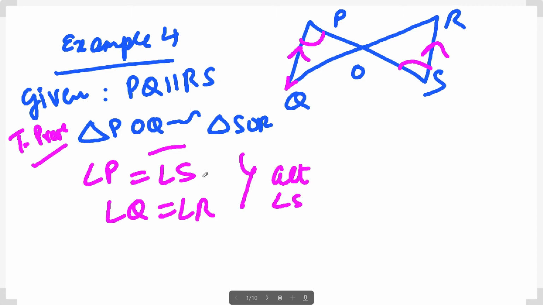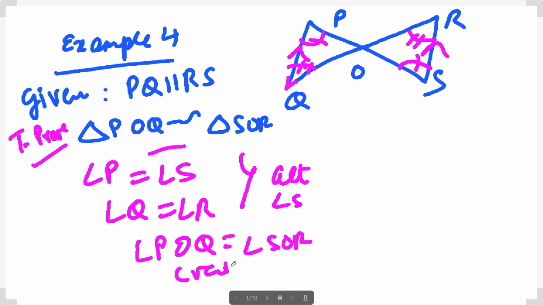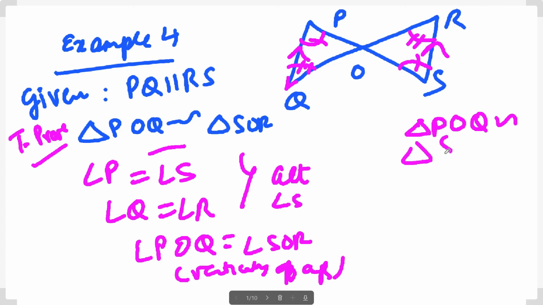Because PQ is parallel to RS, so that means this angle is equal to this angle, and this angle equal to this angle, and angle POQ is equal to angle SOR, vertically opposite angles, and hence all the angles are same, right? So triangle POQ लिखेंगे is similar to what? P is equal to S, so S, O is equal to O, so O, Q is equal to R, so O. So this is hence proof.